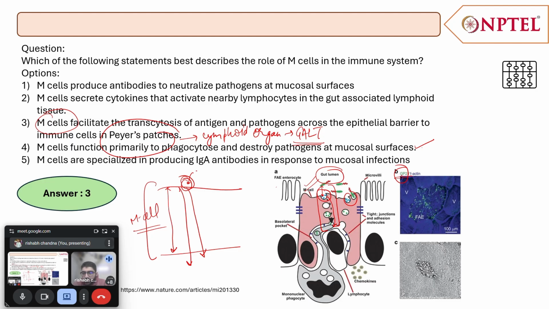So this is an M cell, as you can see here. There are various GP2 present across this particular M cell. That means it goes to the inside and can transport to the other side of the cell. That's why GP2 is actually intracellularly located also.